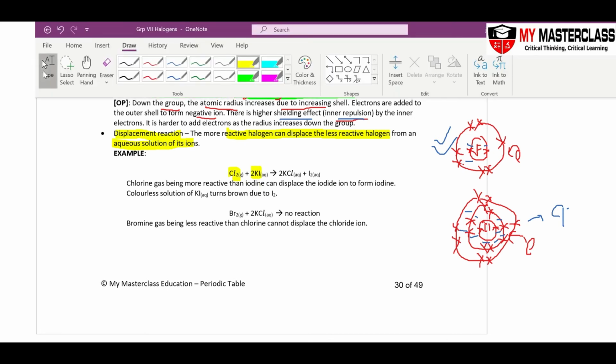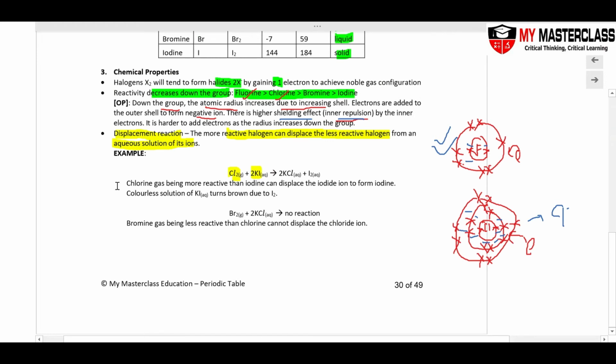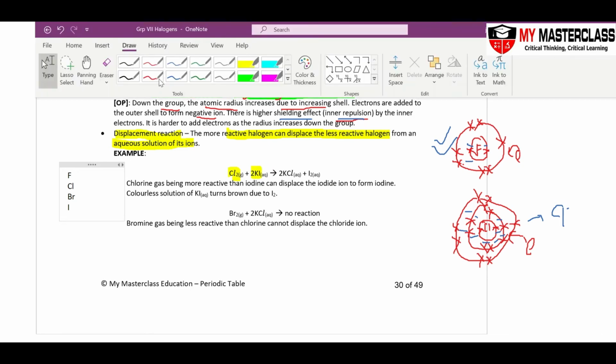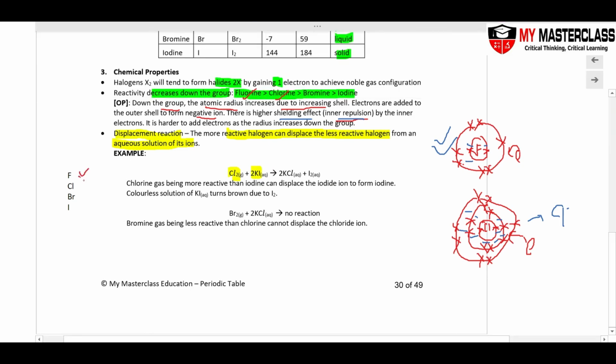All right, so remember, let's look at the reactivity again first, right? My fluorine, chlorine, bromine, and iodine. So fluorine is more reactive, this is more reactive. Chlorine is more reactive than iodine, right? So this is more reactive, you can go and kick the iodide out. Okay, so step-by-step explanation, how do we write it to get the full marks?